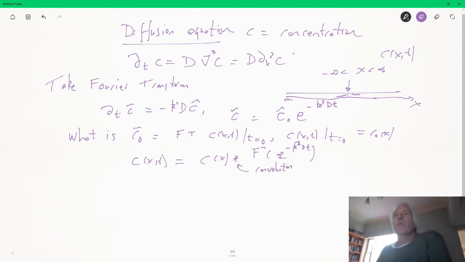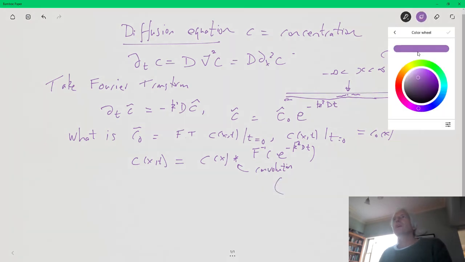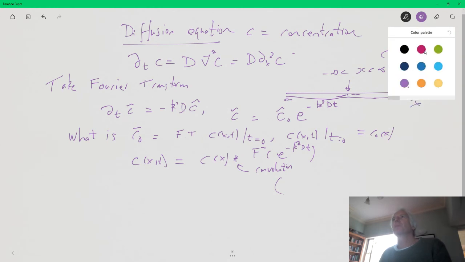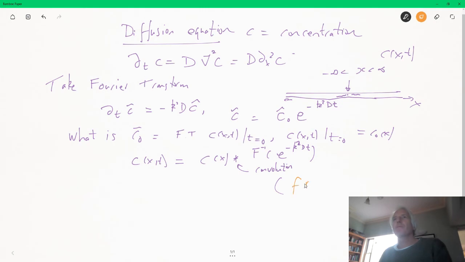In fact, one of the cool things about the Fourier transform is the Fourier transform of a Gaussian is a Gaussian. Okay, and just to recall here, f convolved with g is the integral from minus infinity to infinity of f of x minus s times g of s ds.